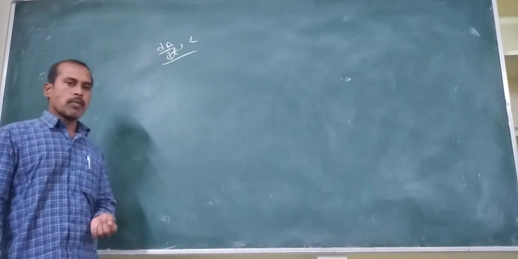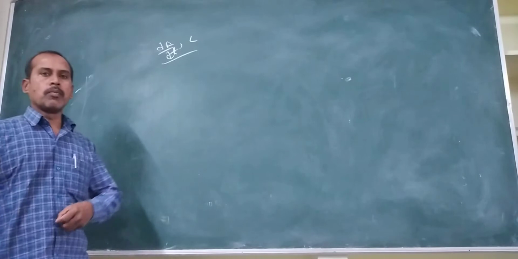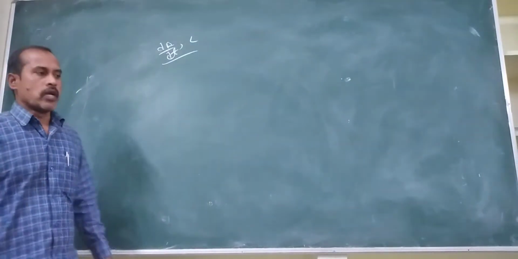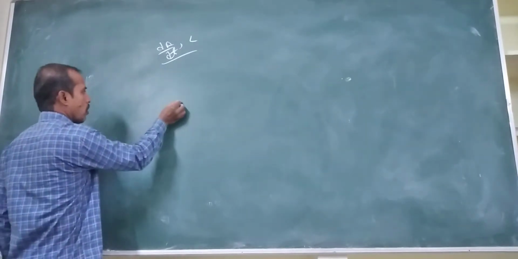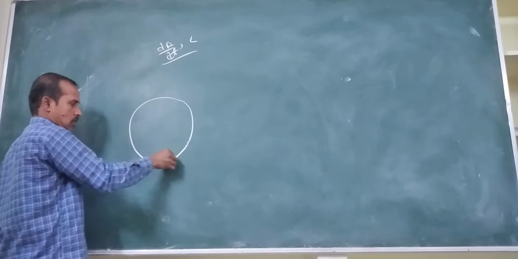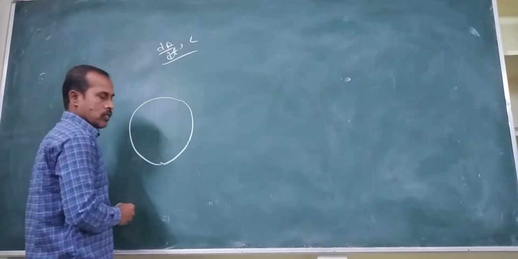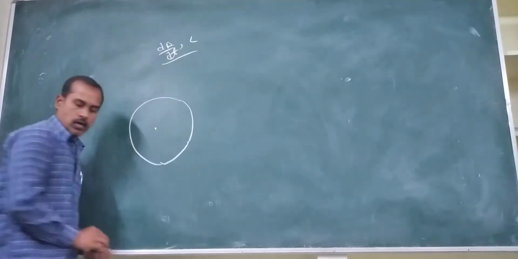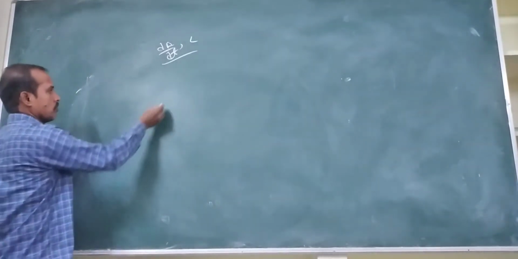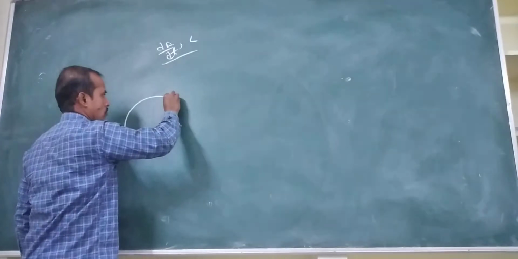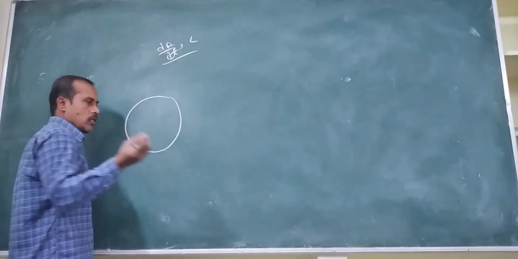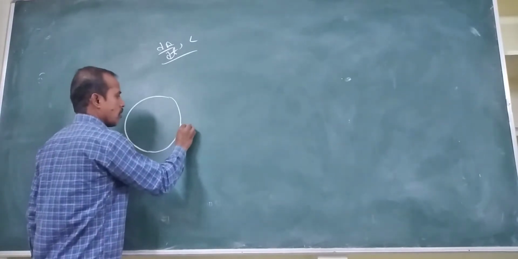Let us take a particle of mass m rotating along a curved path about a fixed point. For example, the particle moving along a circular path about the origin, here O. This is the circle, and this is the particle of mass m.